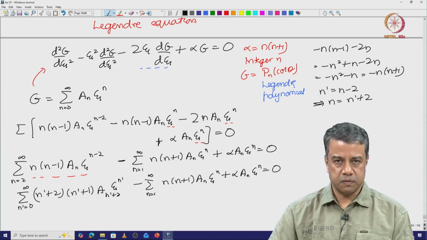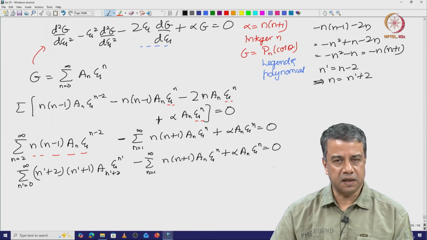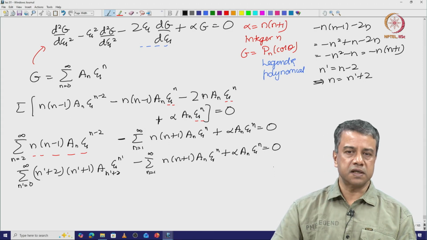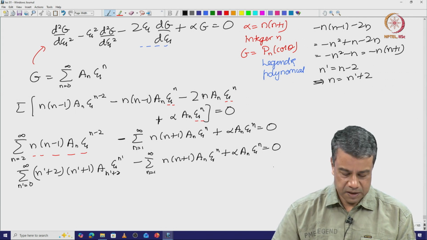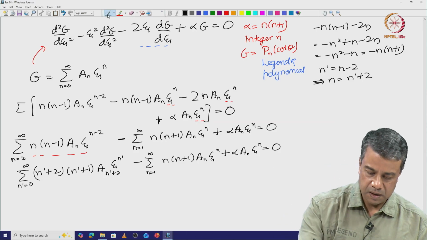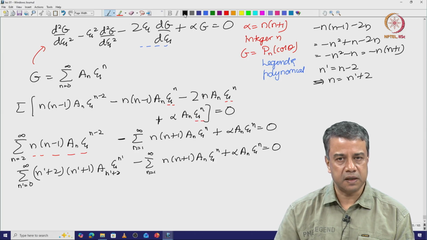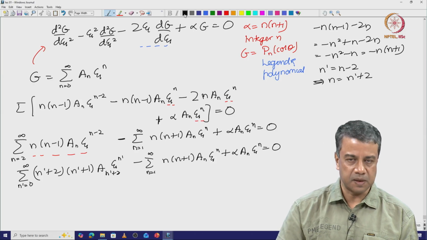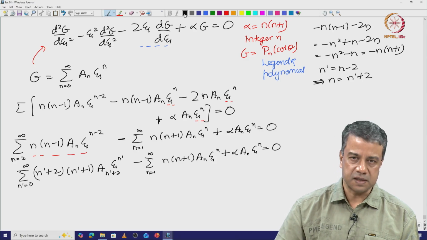Is equal to 0. Since n is an index of summation, it does not matter whether I call it n prime or n. Both n prime and n are summation indices, and it does not matter which you call it.